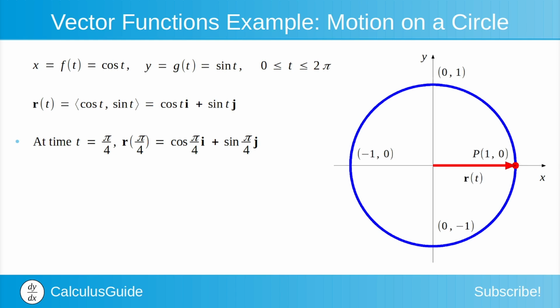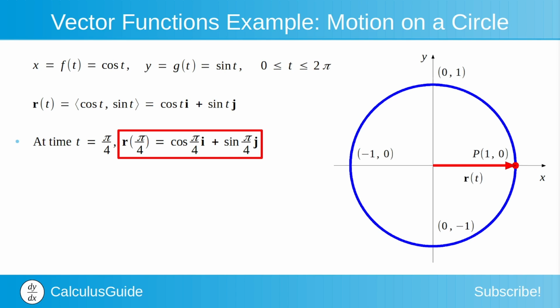In this example, I'll describe vectors in terms of i and j, as opposed to the previous example, where I mostly used component form. If we wanted to, we could describe these vectors in component form instead.